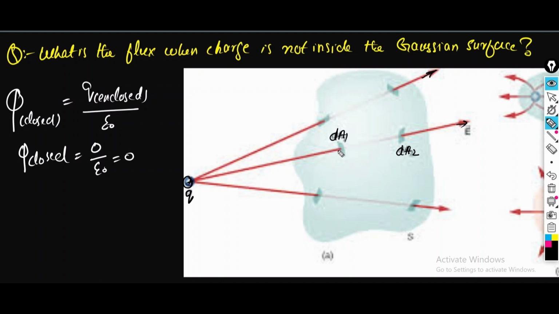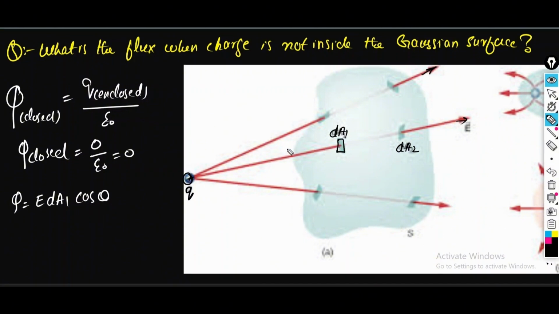The flux when this line enters is given by E dA1 cos of theta. Here the direction of the electric field line is in this direction, originating from the positive charge, and the direction of this area is in the opposite direction.